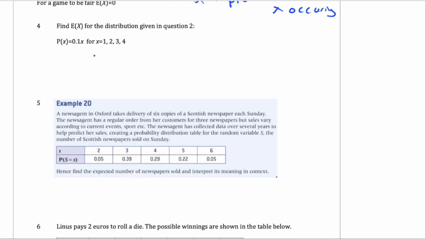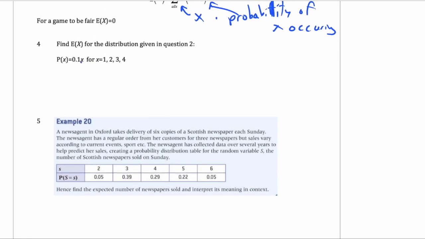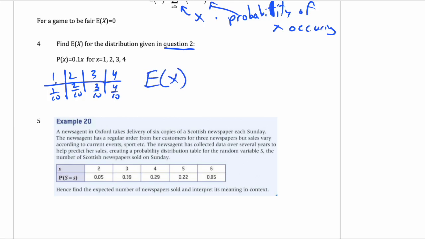Okay, so let's take a look at this one here. This might look confusing at the beginning, but this is from question 2. So remember we had in question 2, 1, 2, 3, 4, and then here we had 1/10, 2/10, 3/10, 4/10. So the expected value here is we take each x and multiply by the probability, and then add those all together.